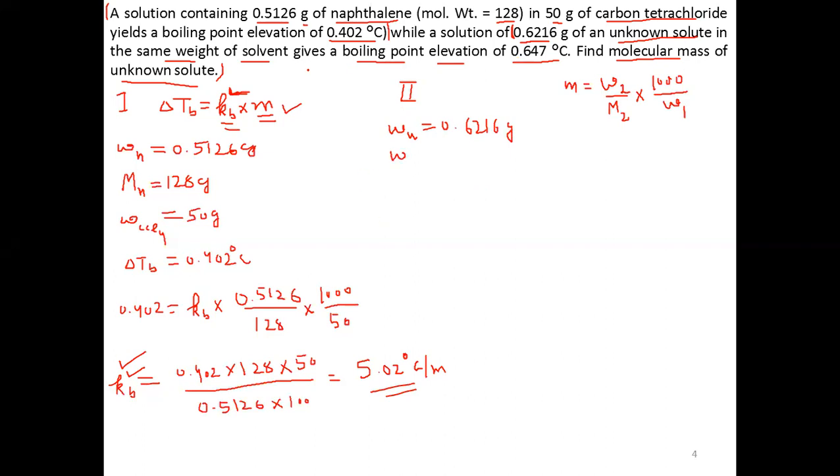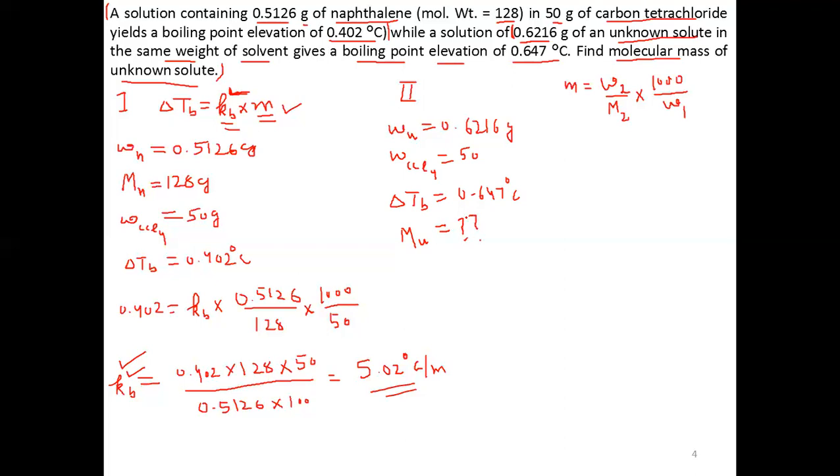He says in the same weight of solvent, WCCl4 is again 50. Now let us see what is given. Delta TB, the elevation in boiling point, is 0.647 degree Celsius. Now we have to find the molecular weight Mu. That is our question mark.